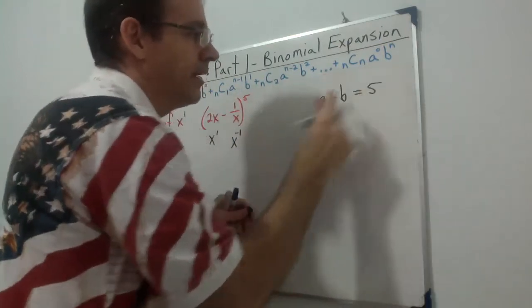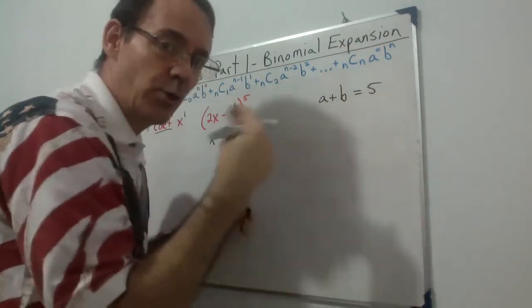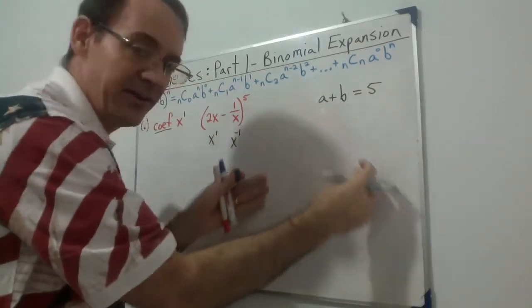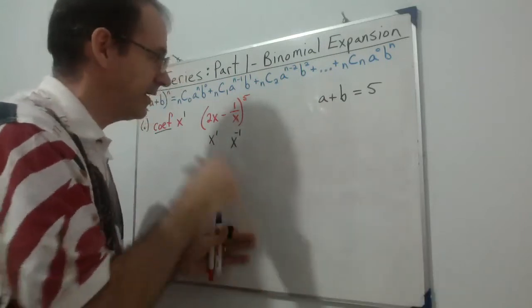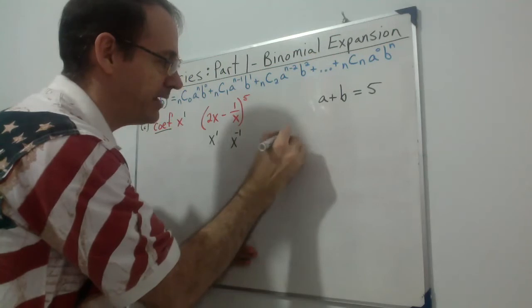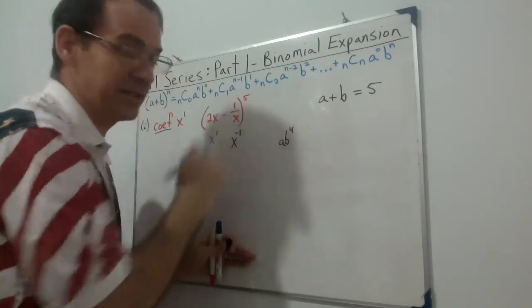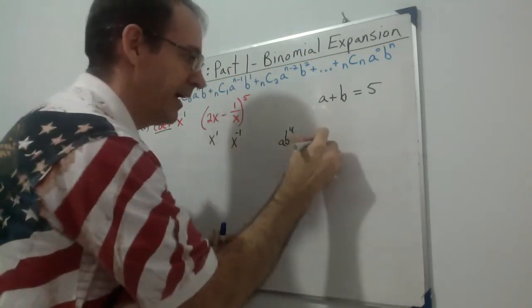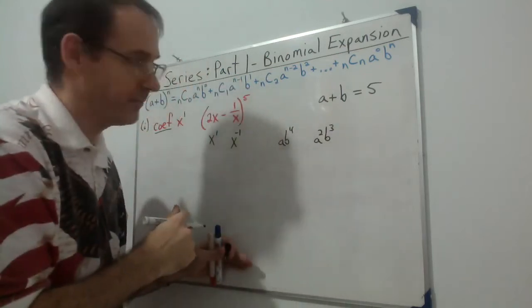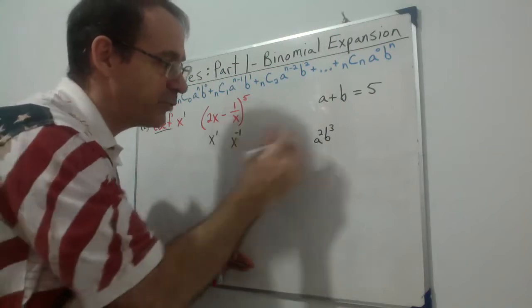Now, if you don't follow what I'm saying, go back in the video to when you had this pattern out here. And so you would see something like a b to the fourth. Notice 1 plus 4 is 5. Or you might have a squared b cubed. Again, adds up to 5. So that's what I'm talking about.